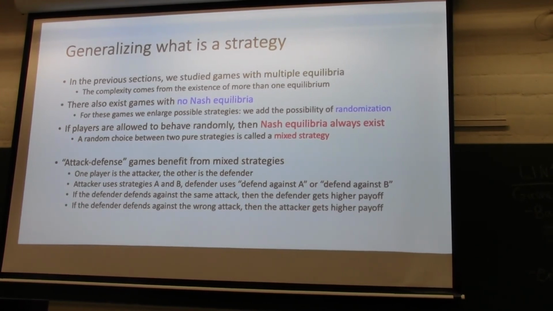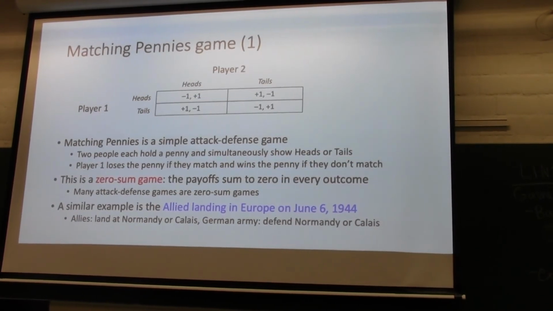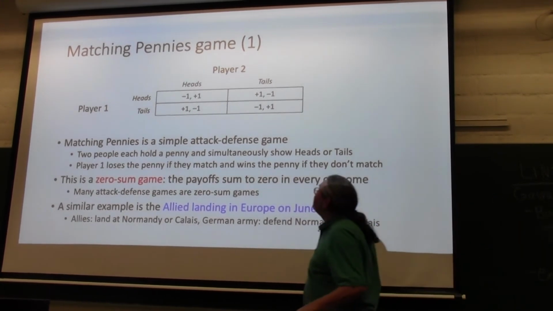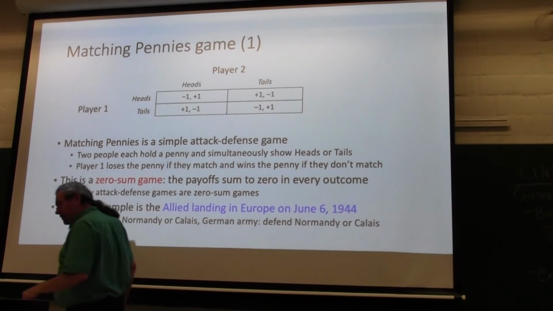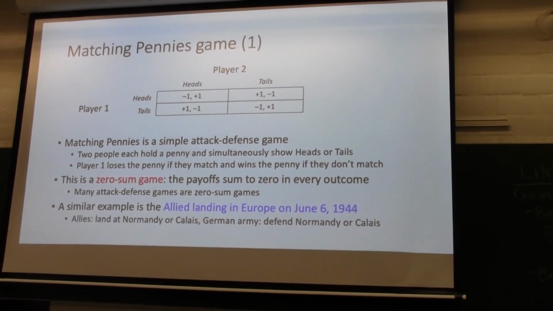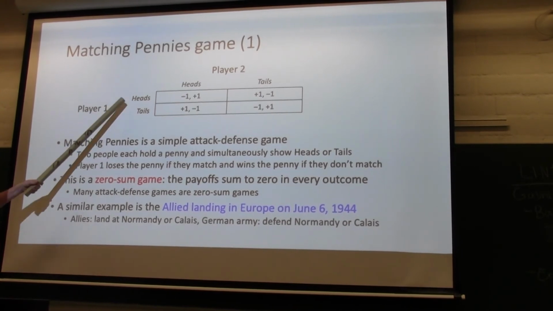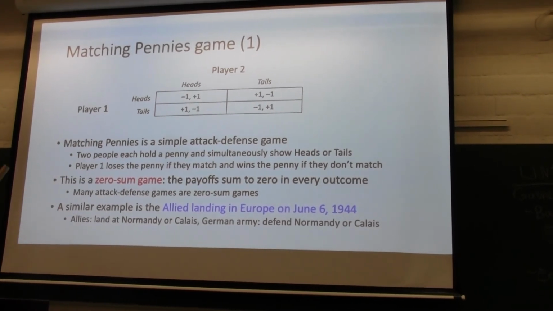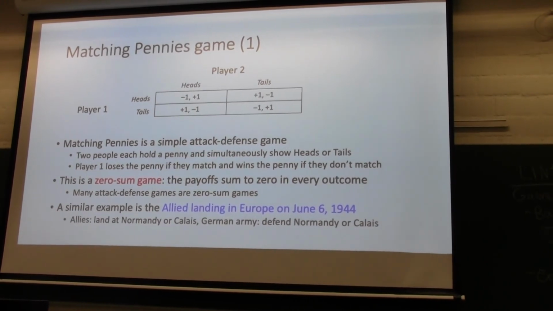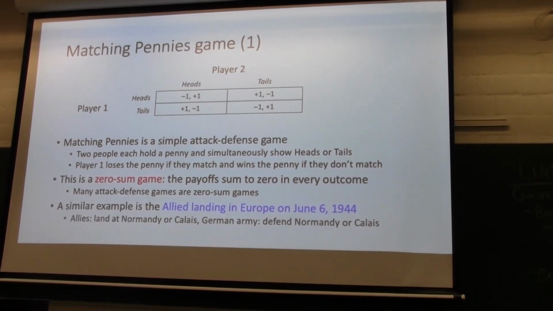So to show this idea, let me make a very, very simple game. It's very psychological, called matching pennies. Small coins with heads and tails. Pile ou face, heads and tails. Two people hold a penny, and then they show heads or tails.